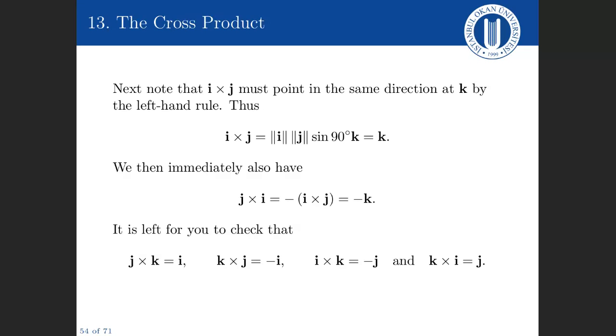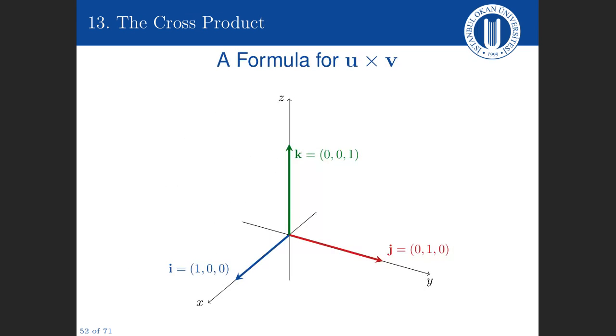Next, I want to talk about i cross j. Look at this picture. Imagine you hold your left hand in front of this picture, so that your second finger points in the direction i and your first finger points in the direction j.